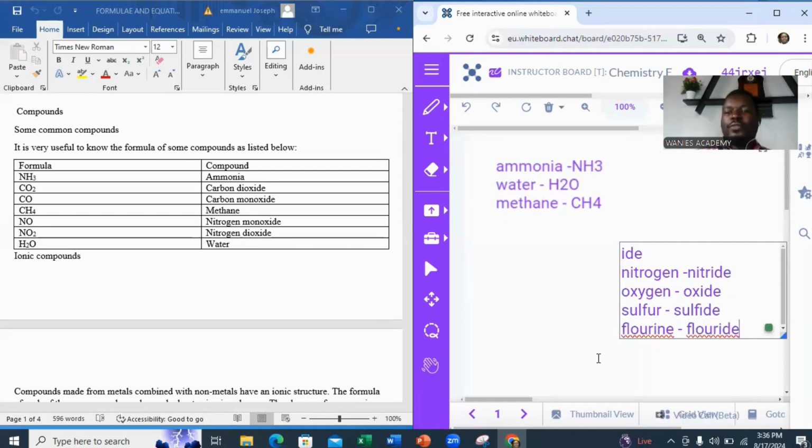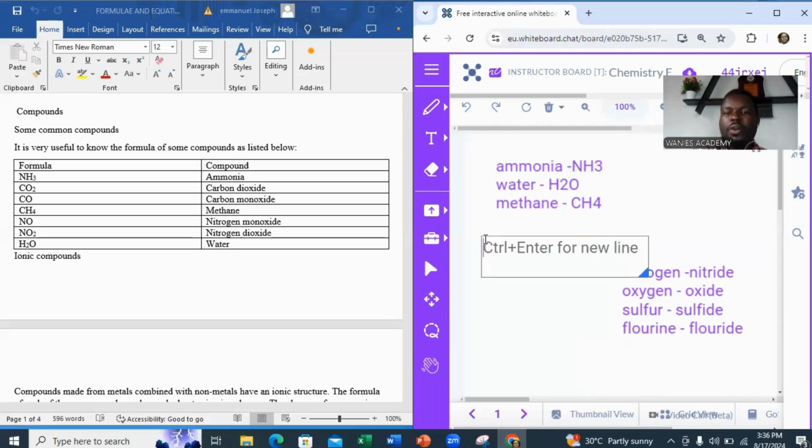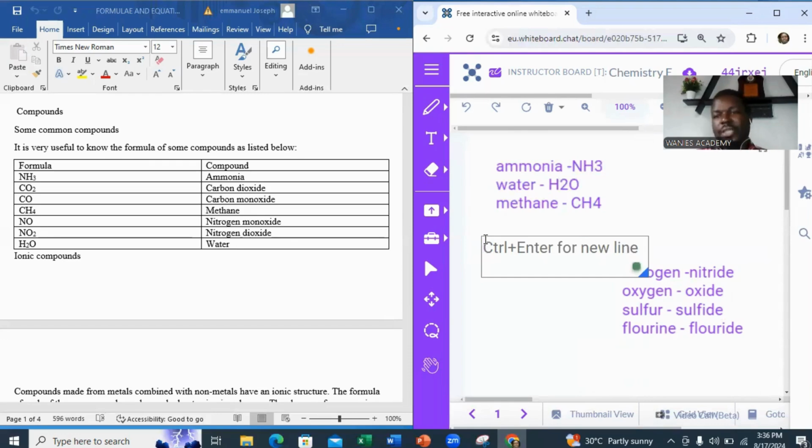So you have to get used to this naming technique. It's very, very important. And if you would recall, we also made mention of the nomenclature technique we use to indicate the number of atoms or the number of ions in a compound.